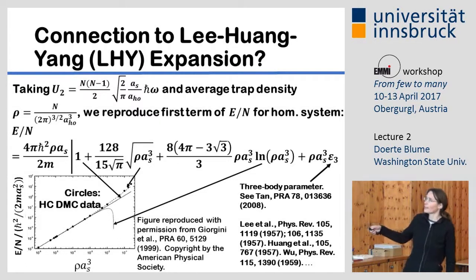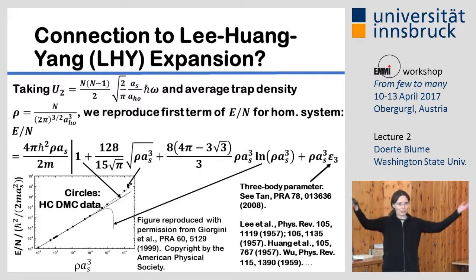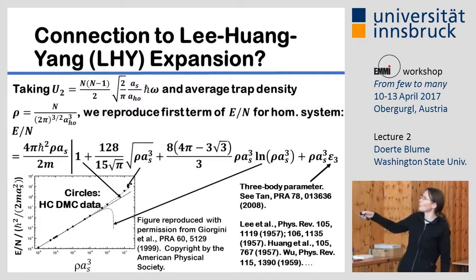If you take the leading order effect of two-body interaction and do what I would refer to as an inverse local density approximation, you take your trap and get the density for this trapped system. So I take the average trap density and relate it in this way to the number of particles.